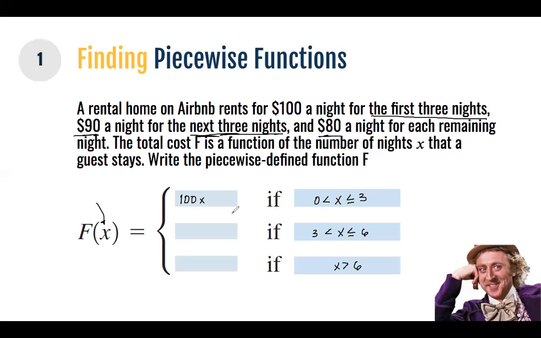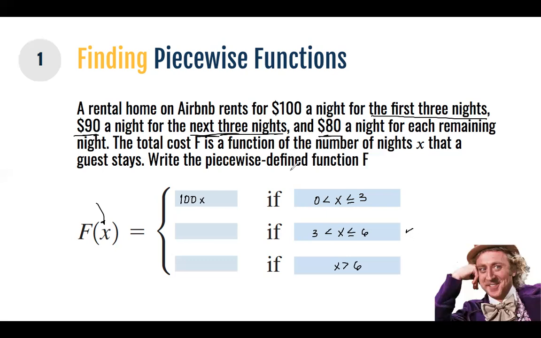But now we have to consider that the first 3 nights are always $100. So if you're staying 5 nights, the first 3 nights are going to be $100 a night. And that's a given, because if you're on this condition, that means that you have to go beyond 3 nights.